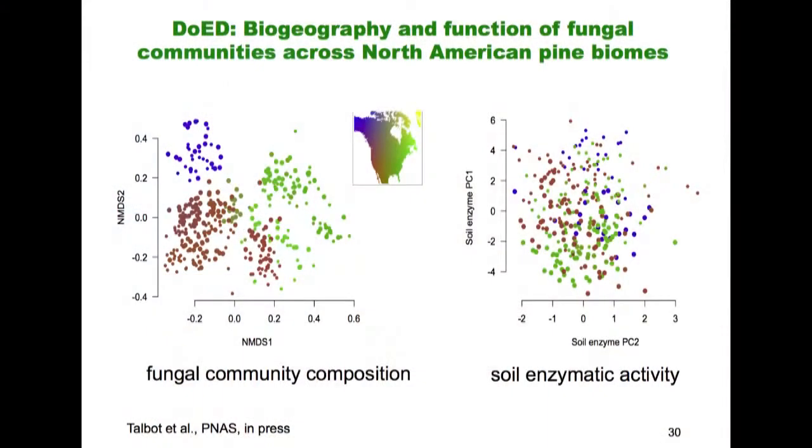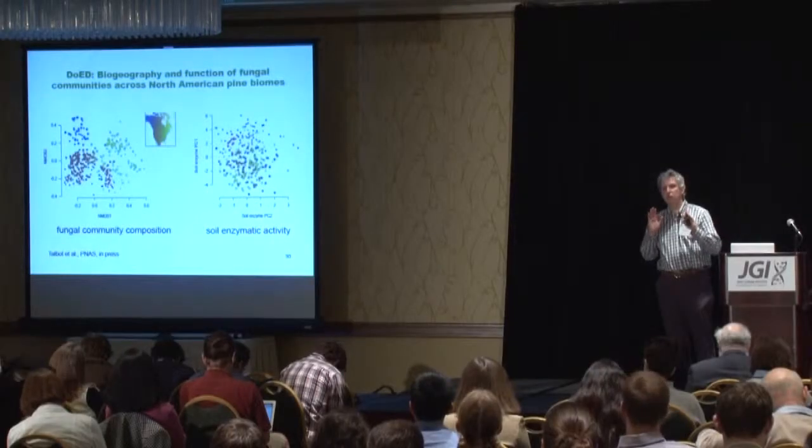And so these are just some recent results that Kabir's lab has published with Jenny Talbot as lead author. And you can see here there's clearly a pattern of geographic segregation that I also showed with the Populus communities as well.